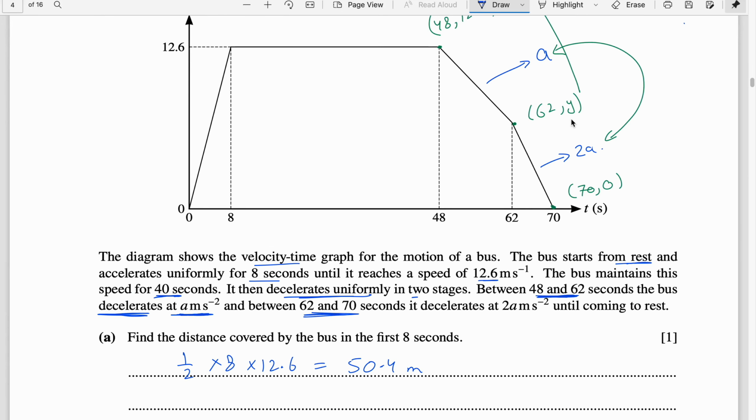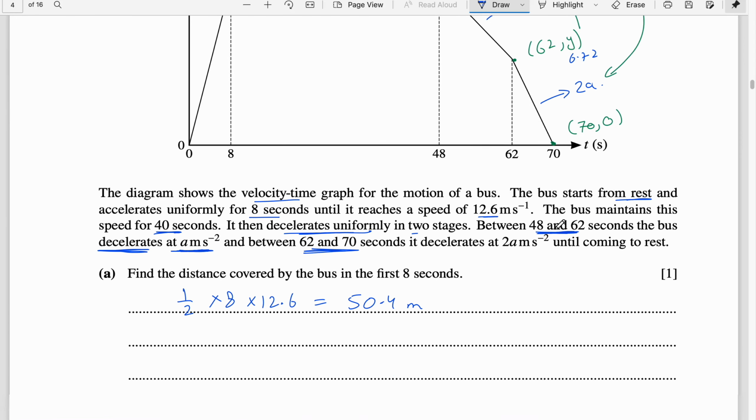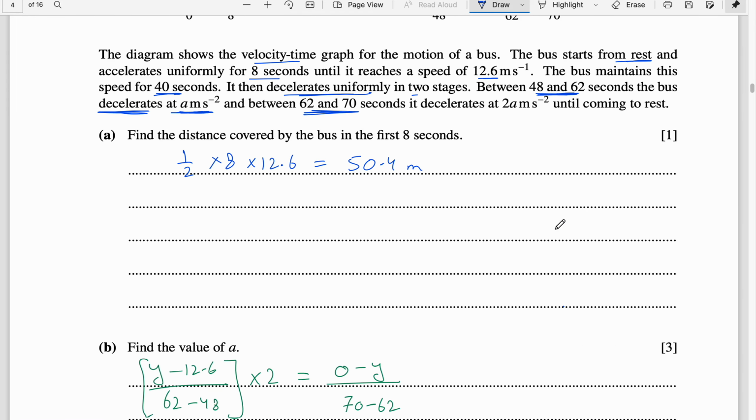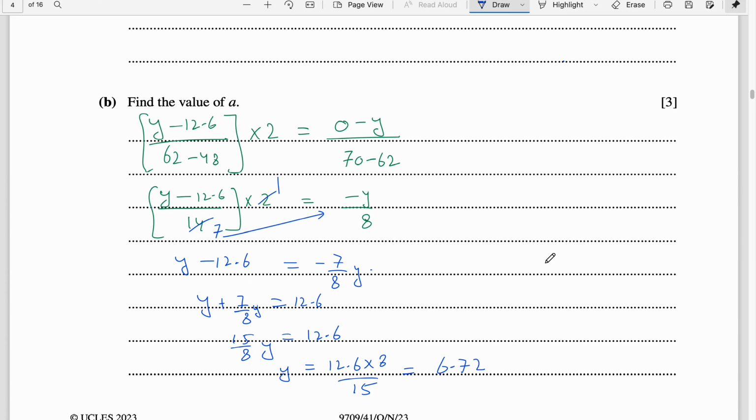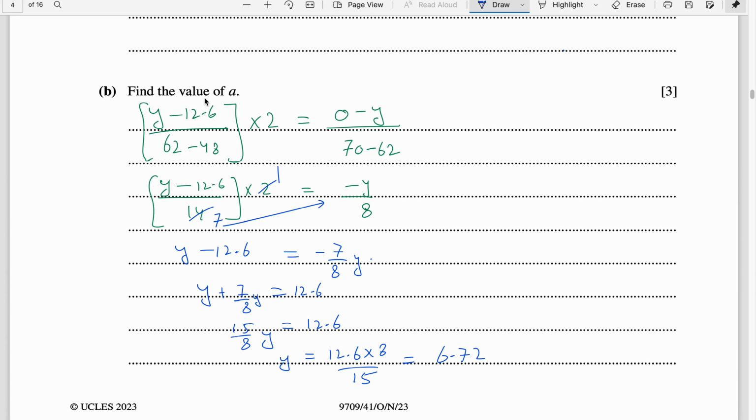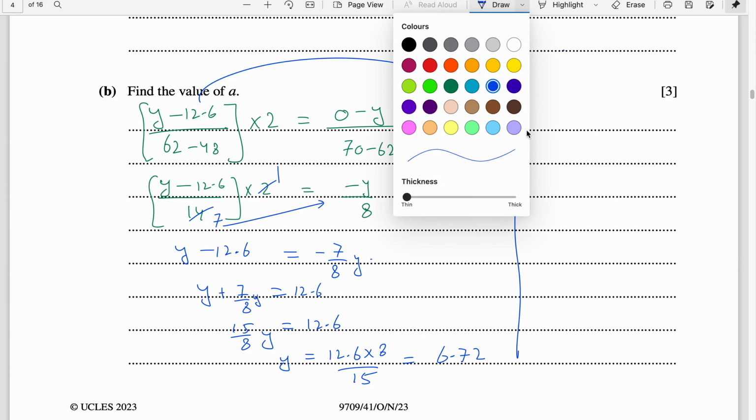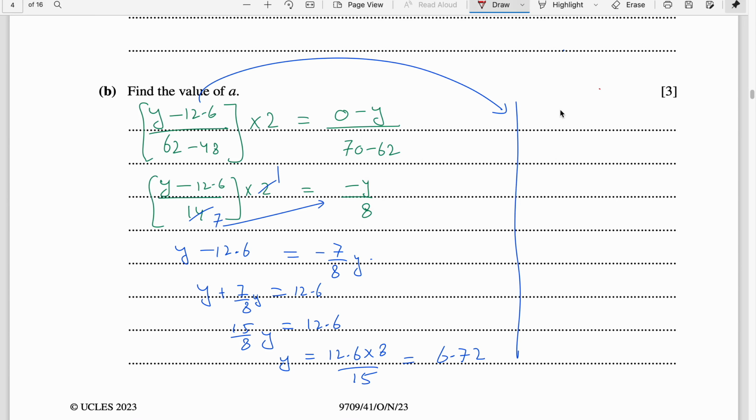Having said that, this is 6.72. Now we know, and let's use this section again. And because I know the deceleration is A, I'm using this section and write it as y minus 12.6 over 62 minus 48.